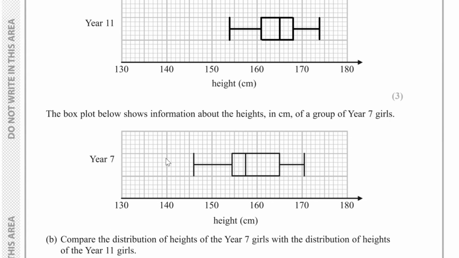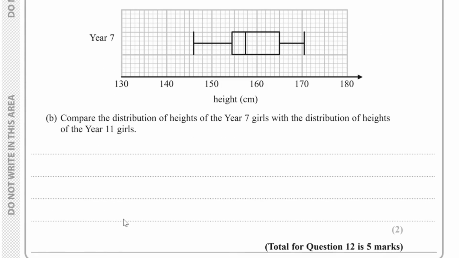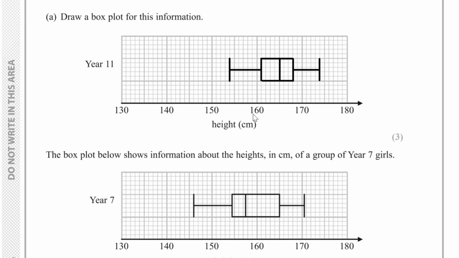And now for part B, the box plot below shows information about the heights in centimetres of a group of Year 7 girls. That's what we see here. We have to compare the distribution of heights of Year 7 girls with the distribution of heights of Year 11 girls. What we can do is compare the median, and we can also compare the interquartile range.